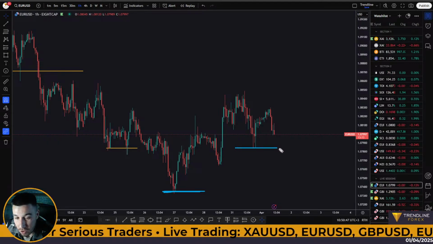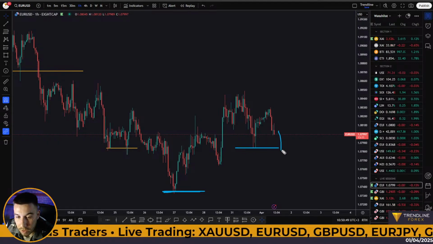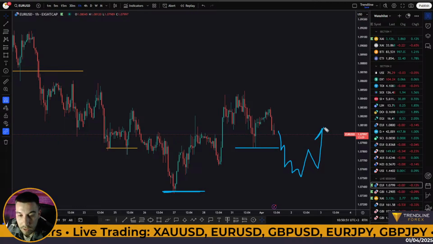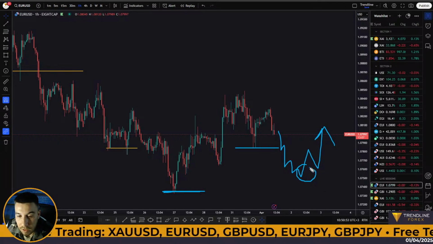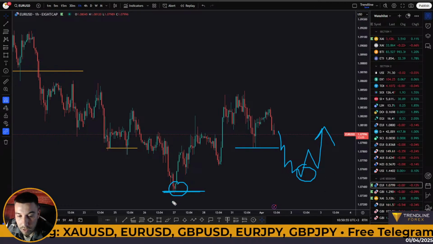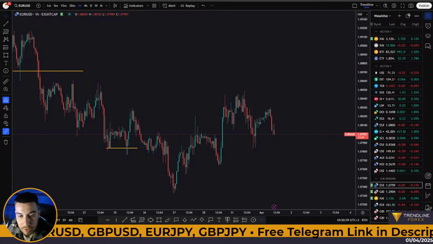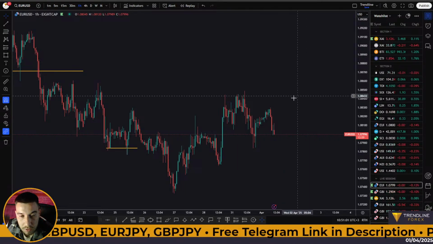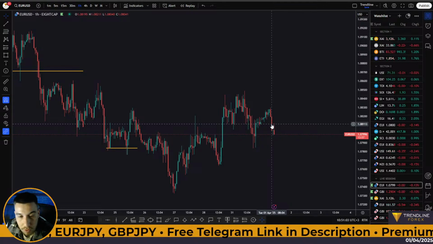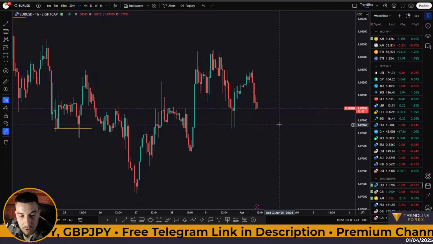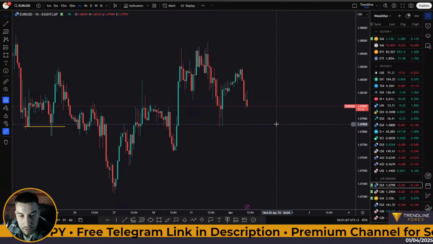It doesn't mean it's not going to break below that though, because we can do something like this and then reverse. And technically, we're still going to have a higher low, right? So again, it really depends what kind of targets you're looking for. And it doesn't mean I'm right, of course. So I don't want to make you give up on your trading idea.